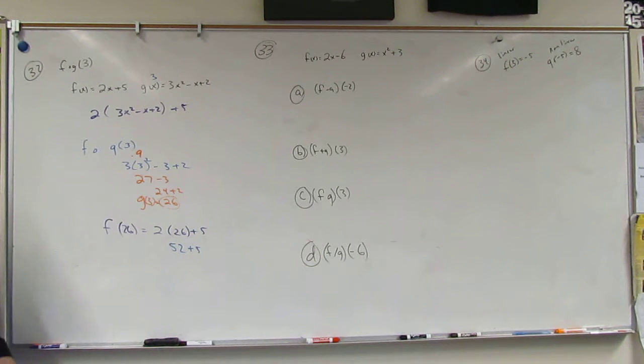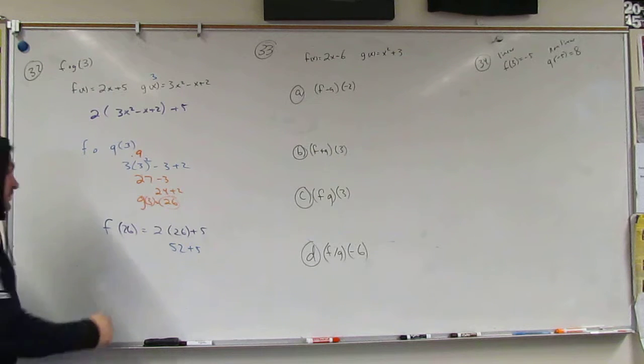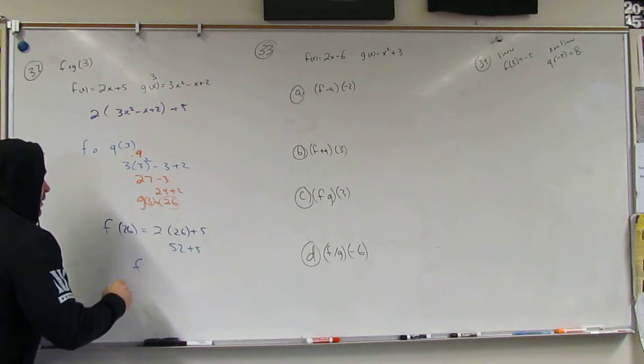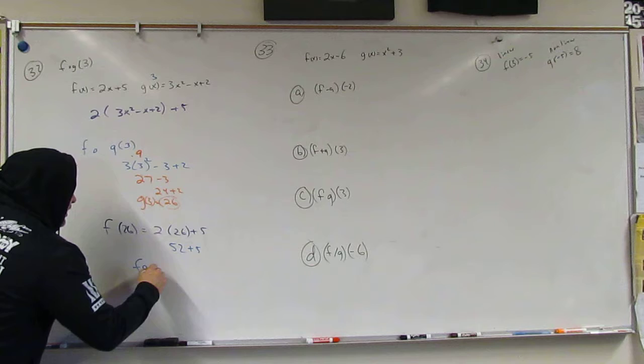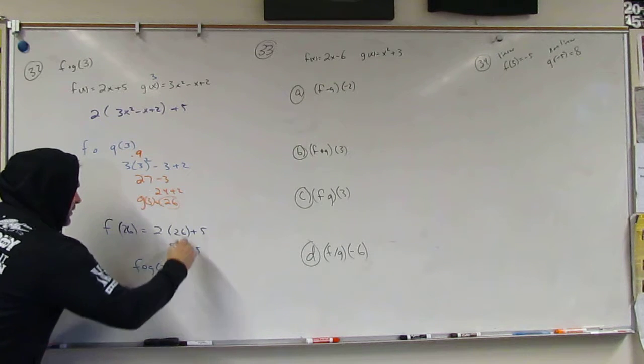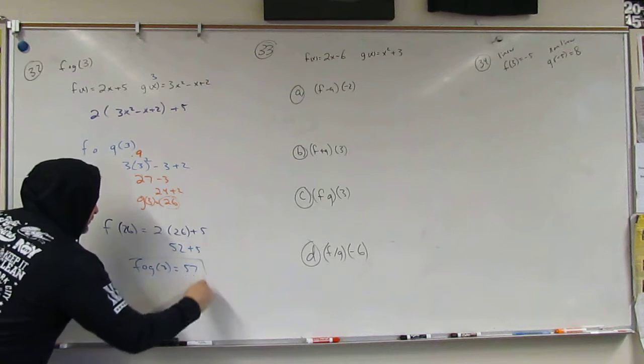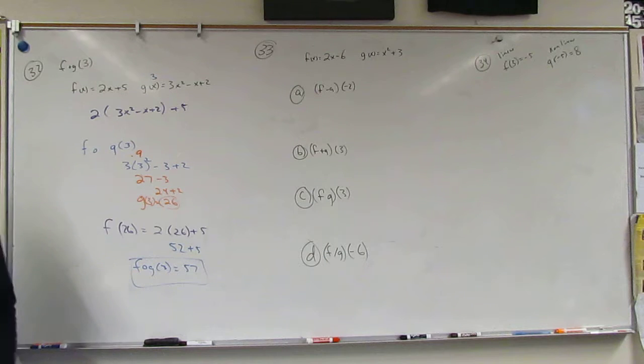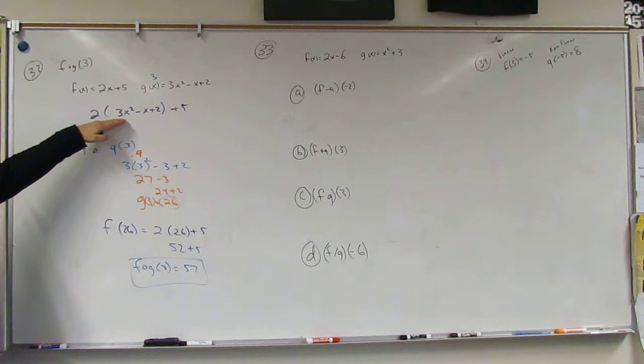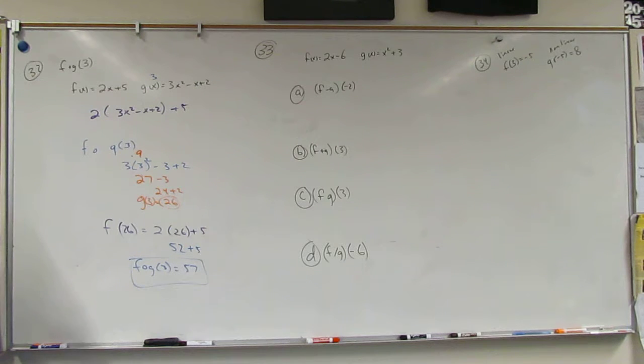Right? And then 52 plus 5? 57. So F of G of 3 is equal to 57. Now you could plug in 3 in this and then figure it out, but it'll also be 57, believe me. Alright?